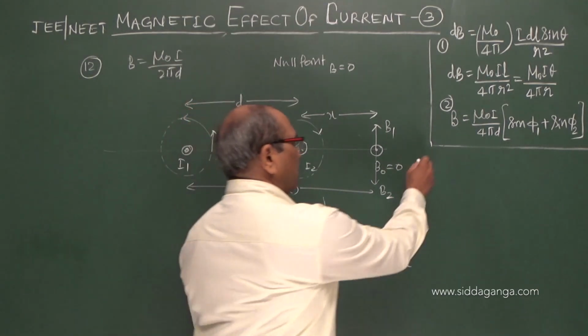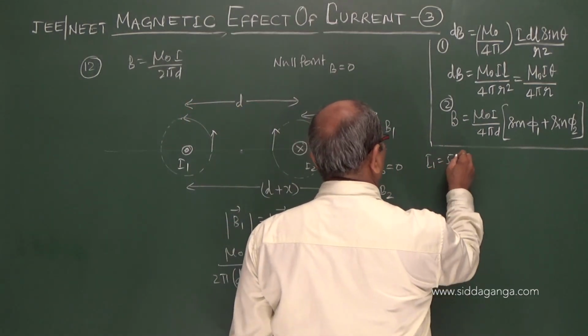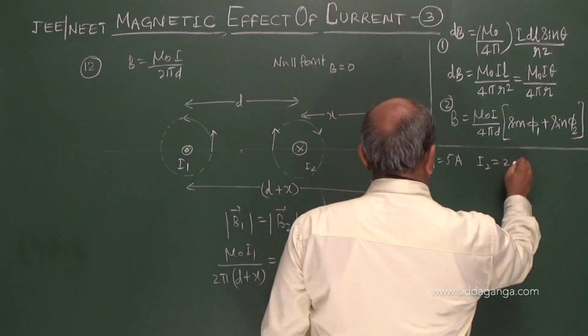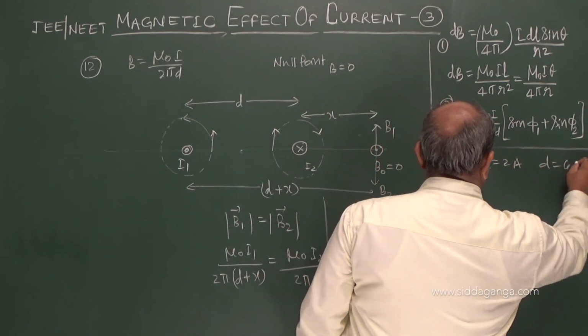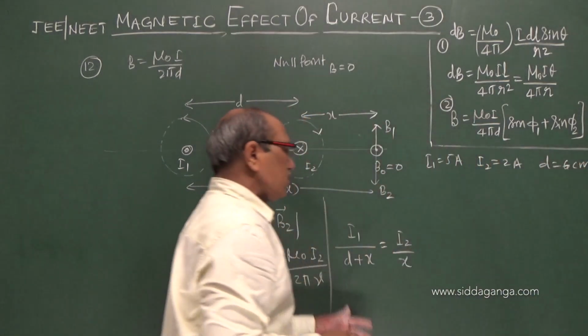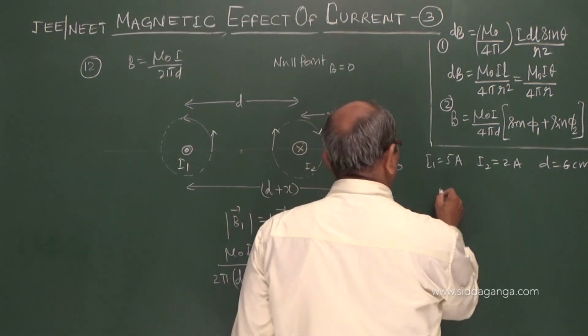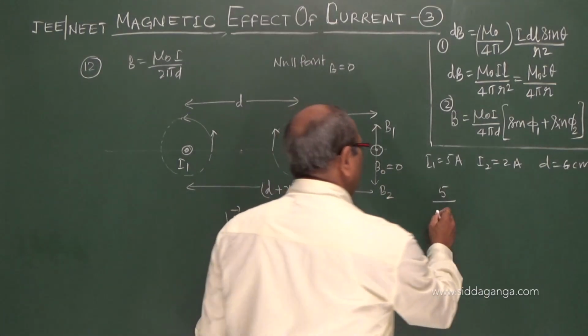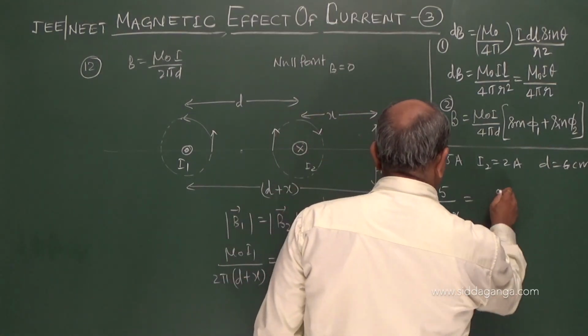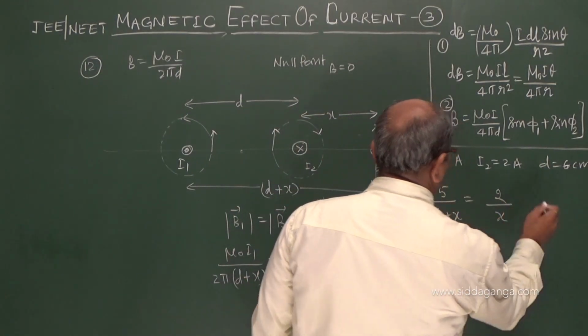As previously, take I1 as 5 ampere, I2 as 2 ampere and D as 6 centimeter. 5 divided by (6 plus x) is equal to 2 divided by x.